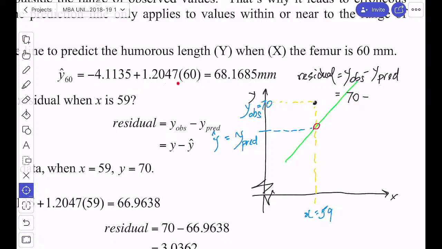So this was the slope in the notes. I'm going to put 60, and then this is the intercept, and I calculate 68. So this turns out to be 68.1685.